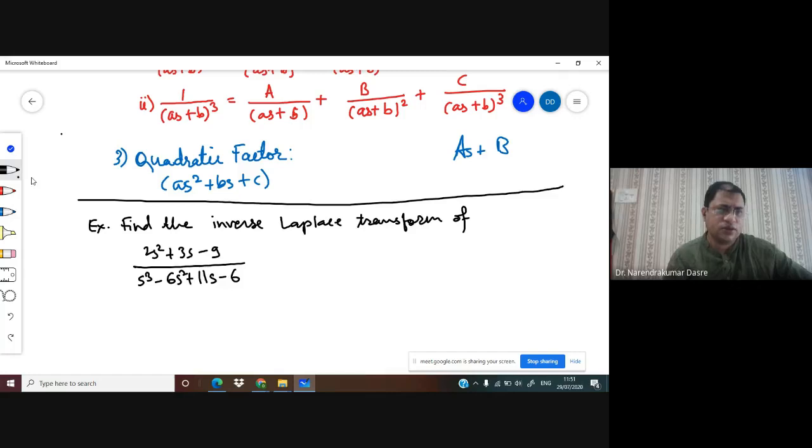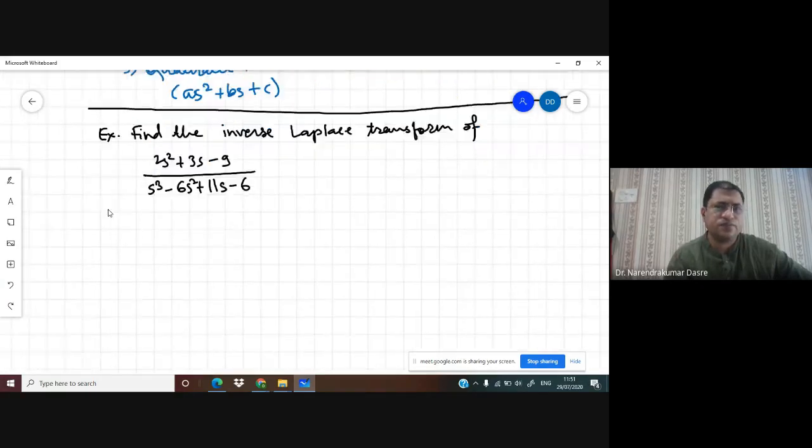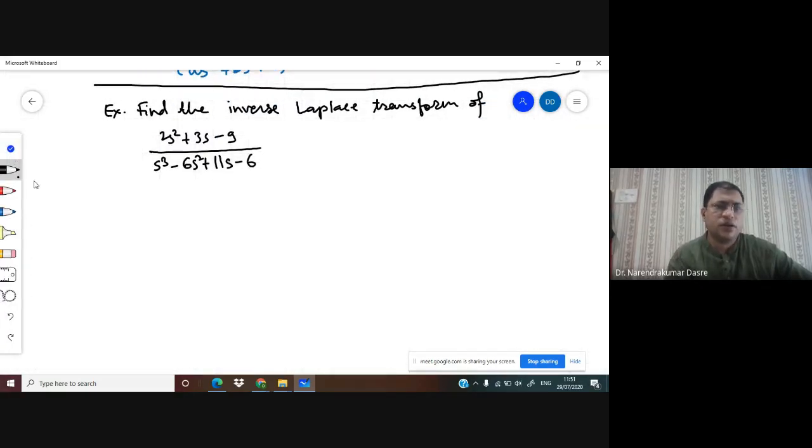Okay, this is the example that we have. Now see in this example, what we have is given F bar of s.